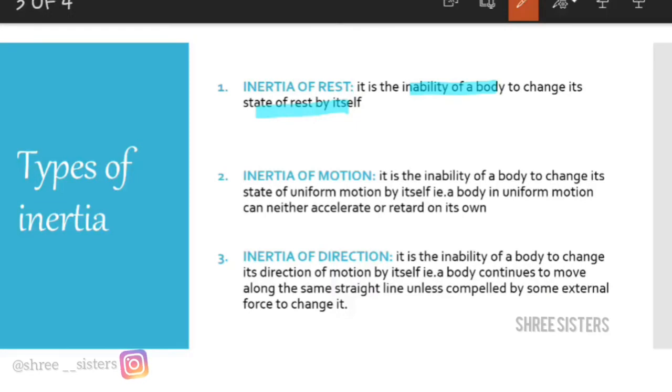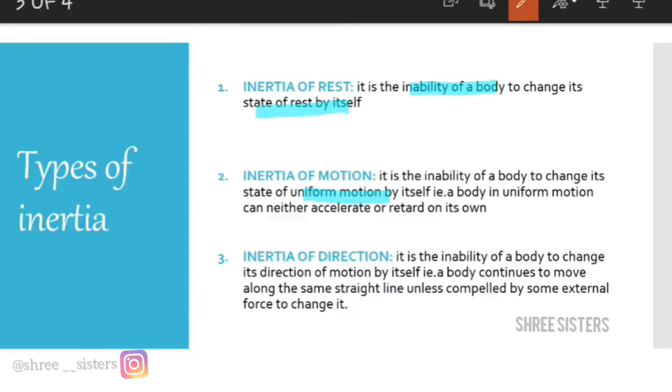These are the two examples for inertia of rest. I hope you understood. And now let's move to inertia of motion. Inertia of motion is also the same, but it's the inability to change its state of uniform motion by itself. From uniform motion to rest, it won't be able to come. That is, a body in uniform motion cannot accelerate or retard on its own. Like when a body is moving, to increase speed or decrease speed, or to change direction, like a car moving, we need to apply some external force, right?